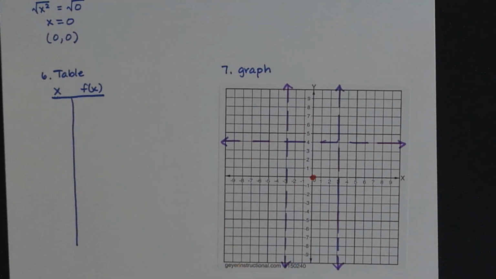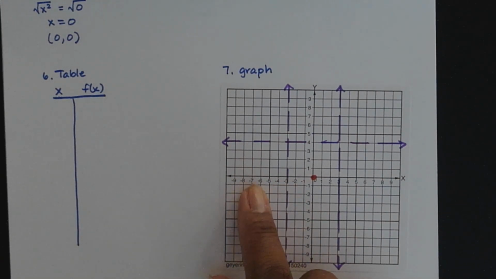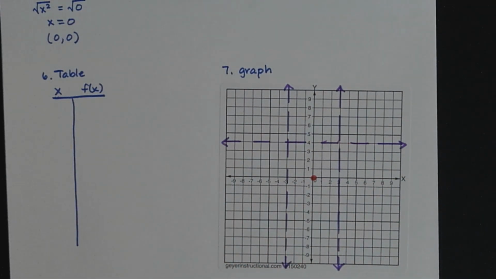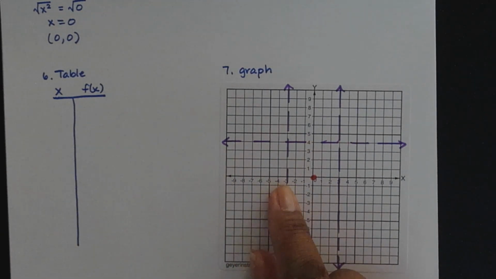Now, we're going to pick values of x on the left and on the right of each vertical asymptote and the x-intercept. And we're going to use our graphing calculator to help us out with this. My first vertical asymptote is at x equals negative 3.